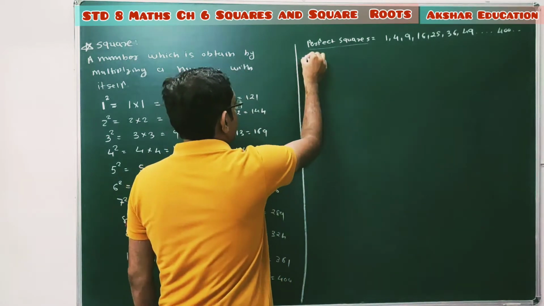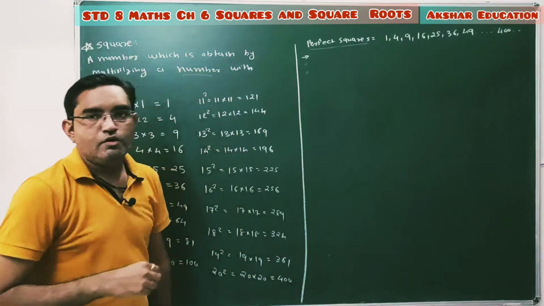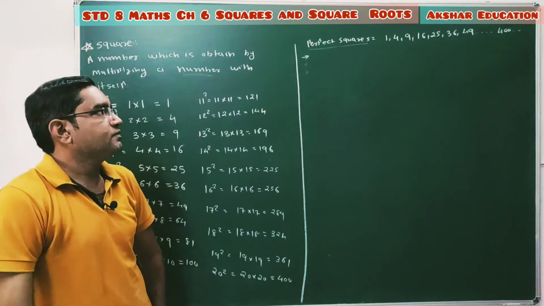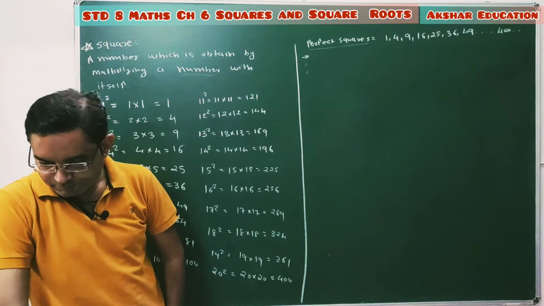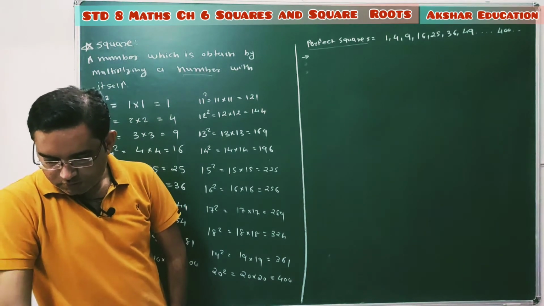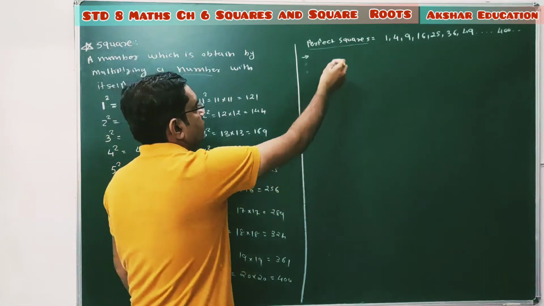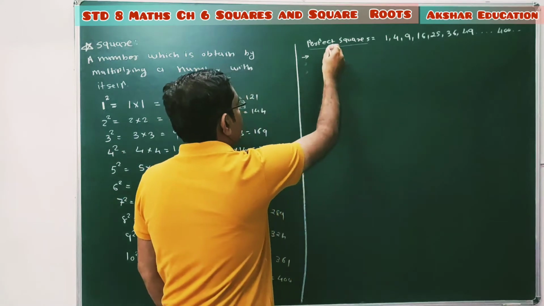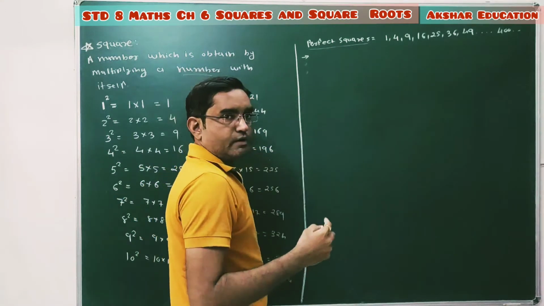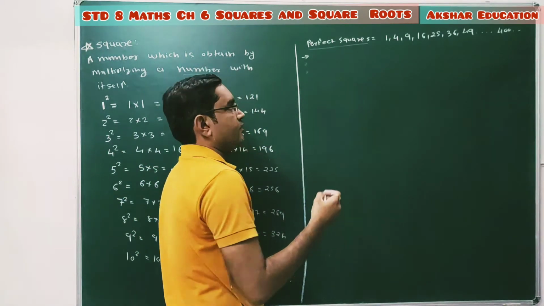So what is the definition of perfect square number? How can we define the perfect square number? So number is said to be a perfect square number if it is square of some natural number.